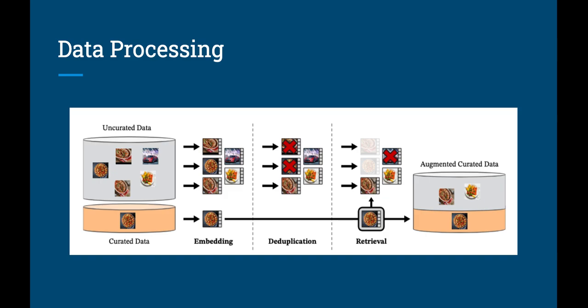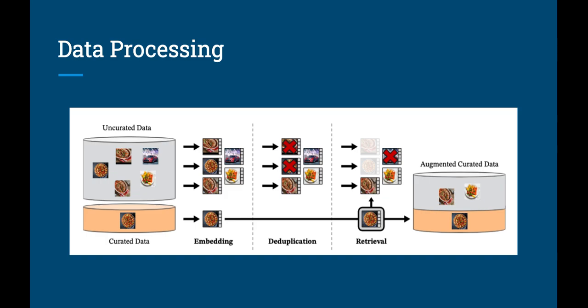This is narrowed down from the 1.2 billion unfiltered images they found from the internet. So how this pipeline works is by extracting embeddings of the curated data from trusted data sets like ImageNet using a self-supervised vision transformer, and getting the embeddings of the uncurated images using the same transformer or architecture.